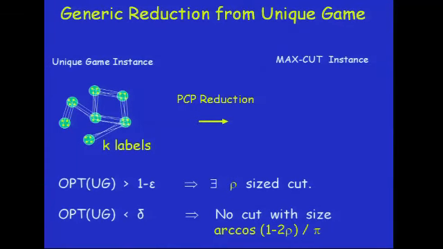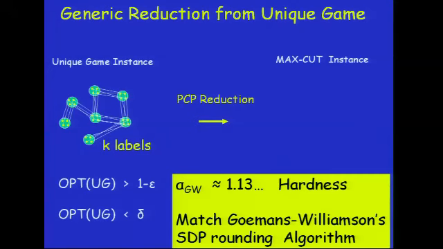And if I'm proving hardness results, it's in my best interest to pick rho so as to maximize this ratio between the two. Right? So you pick the optimal rho, and this ratio happens to be about 1.13. It's some exact constant which is the supremum of some trigonometric function.